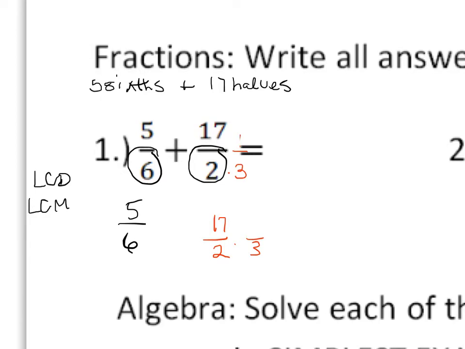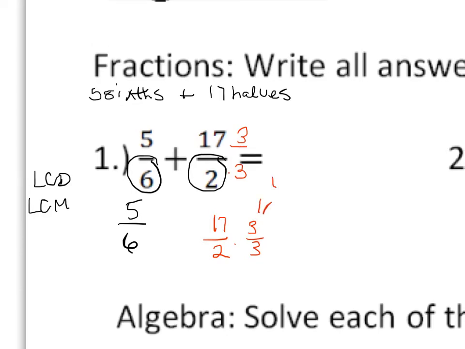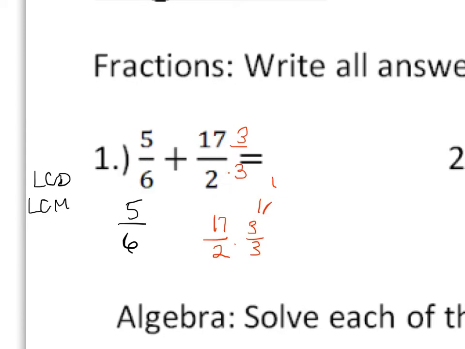Again, we're changing the unit, we're not changing the value. We'd have to put something on the top that would make what we're multiplying by have a value of 1 overall, and that's 3, because 3 divided by 3 equals 1. It's a really ugly one. Okay, and so that is not going to change our value.